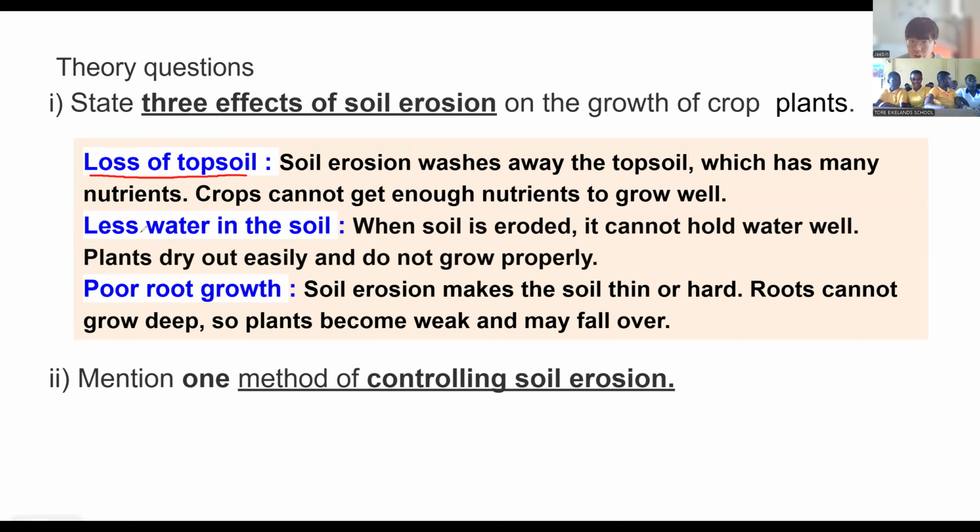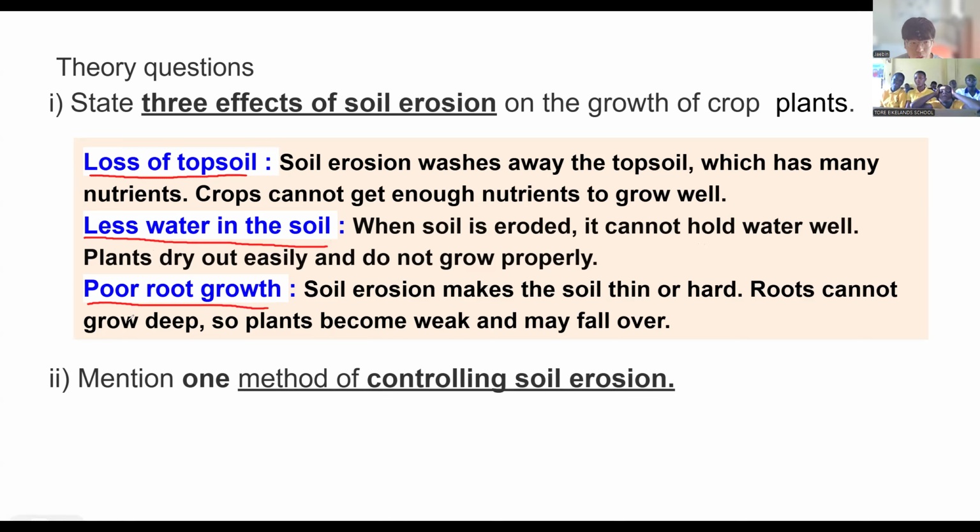But there can be other consequences and effects of soil erosion. Other effects include less water in the soil, of course. When soil is eroded, it cannot hold the water well, right? So the plants dry out easily and do not grow properly.